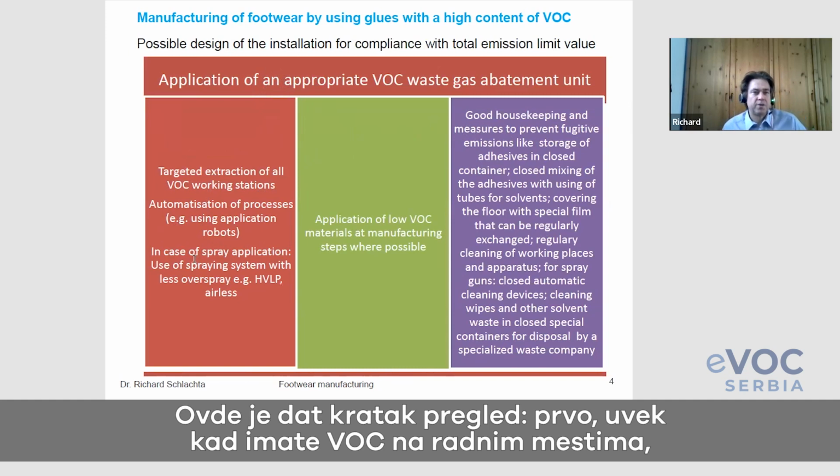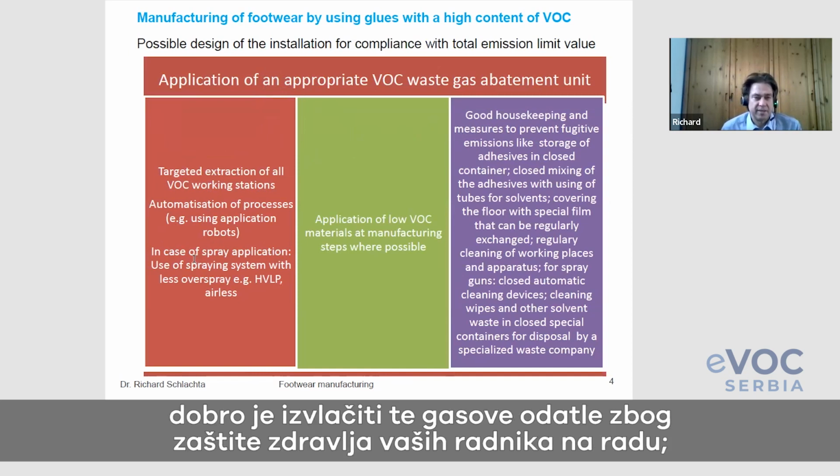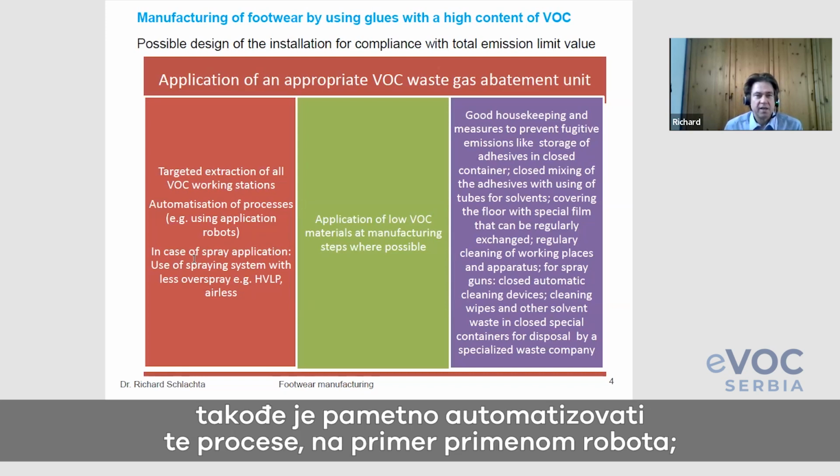First, it would be good always, if you have VOCs at working stations, that you extract that working station alone because of the occupational health of your workers. And if it's possible, it would be smart to automatize the processes, for example, by using application robots.